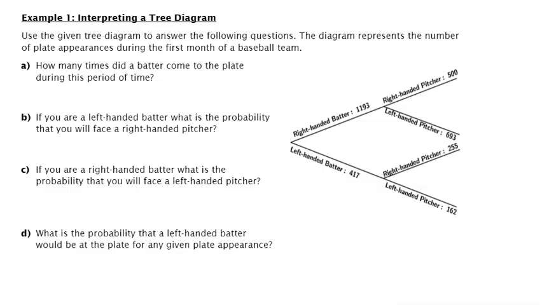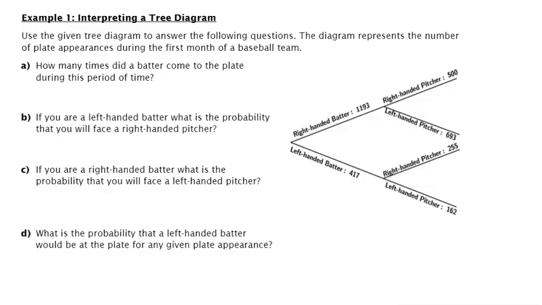All right. In example 1, we're just going to be interpreting a tree diagram. So this is talking about baseball and comparing right-handed batters to left-handed batters. And given these batters, did they have to bat against a right-handed pitcher or a left-handed pitcher?